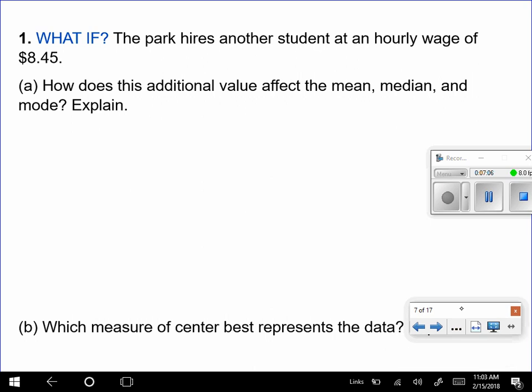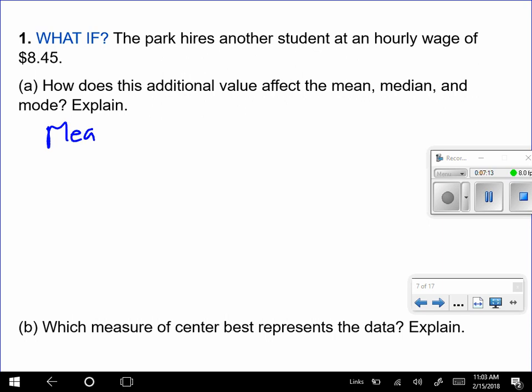So in this case, what I want you to go ahead and do is re-find the mean, median, and mode, and I'll even throw in the range, see if that changes.